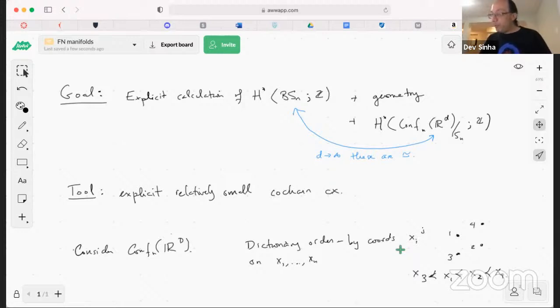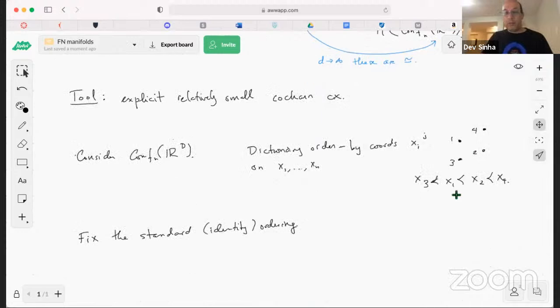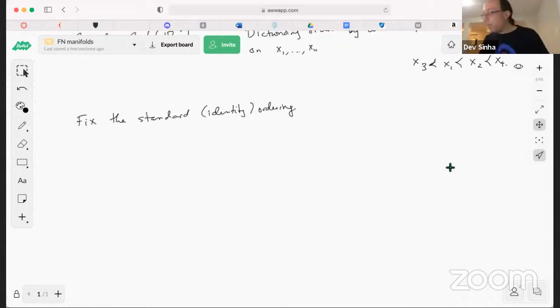So for a lot of today's discussion, I'm going to fix the standard identity ordering. That we'll do pretty regularly today. And then what we want to do is, let me give an example.